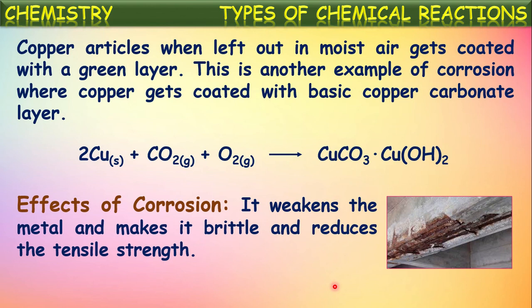We often observe in buildings that certain metallic rods are rusted. So they spoil the entire building construction, because by corrosion these metallic rods will be weakened and their tensile strength will be reduced. They become brittle and may break very easily. So that is a bad effect of corrosion.